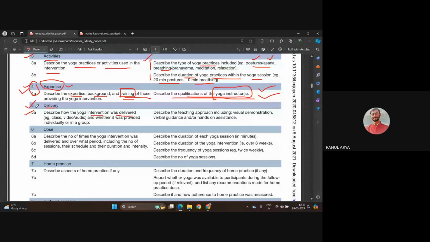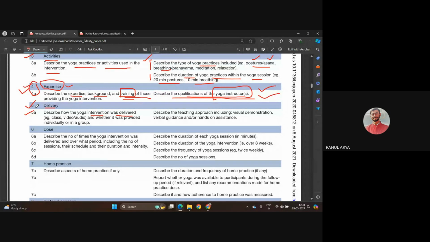So whatever medium you provided, you have to describe that properly. The recorded sessions we did, the offline medium we did, the group sessions we did. In the group also you have to mention, because one group is 10 students, another group is 100 students, and another group is 500 students.